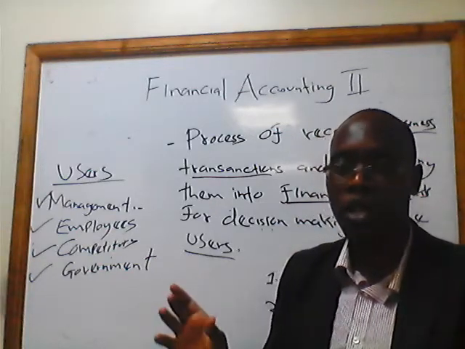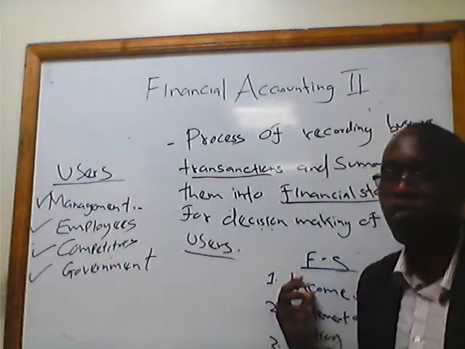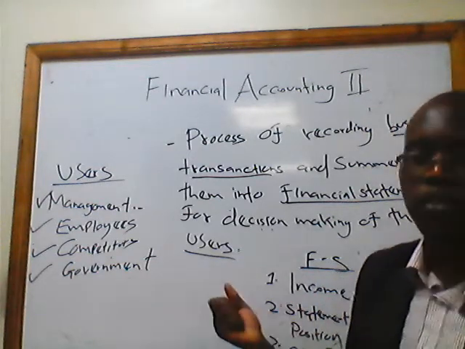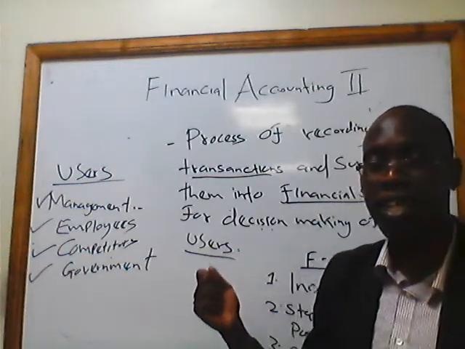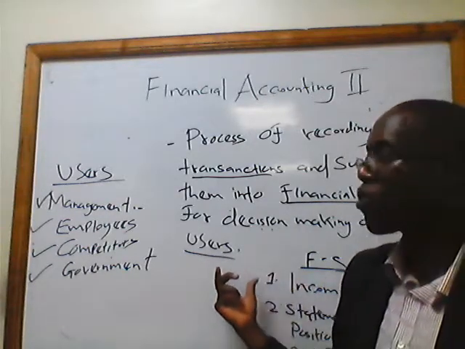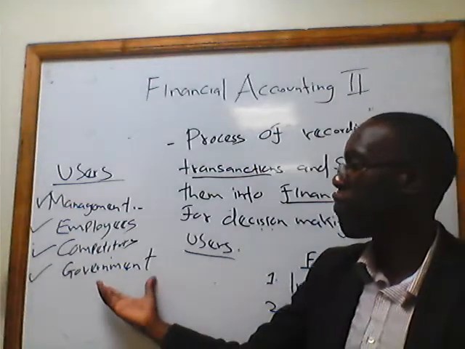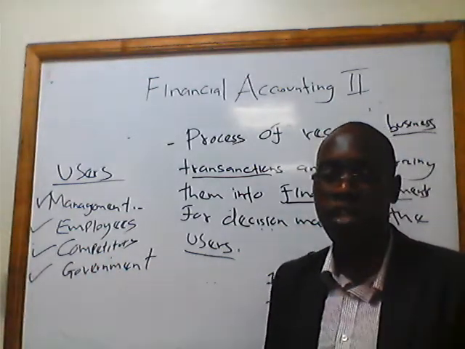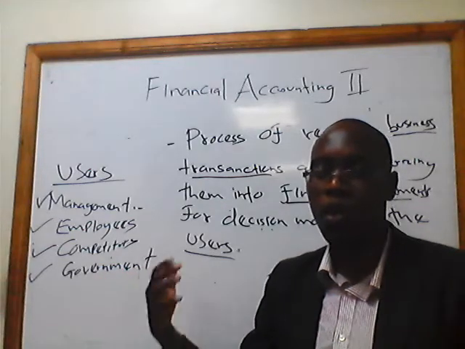The government wants to tax you on the income that you have generated. The income statement shows the income that you have actually generated, so that they can tax you according to it. So that's the first need of financial accounting information by the government. They want to know the revenue you have generated, and then they tax you accordingly.